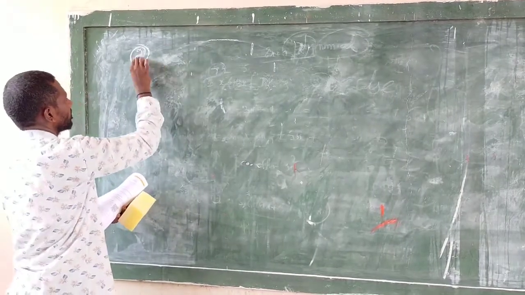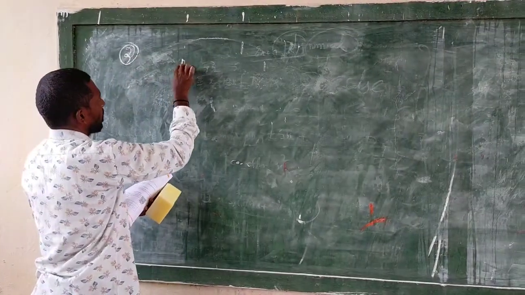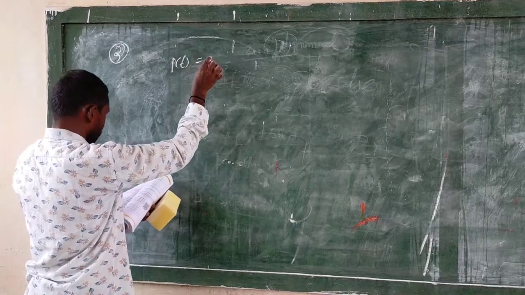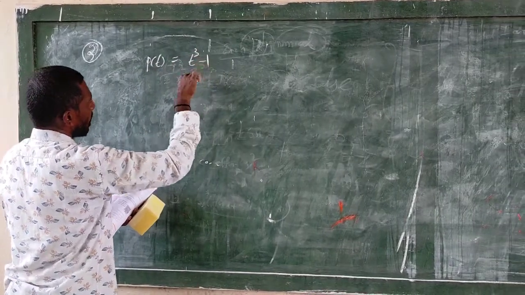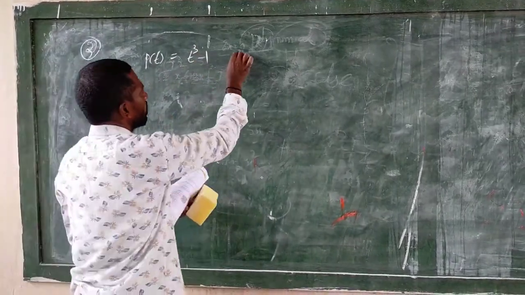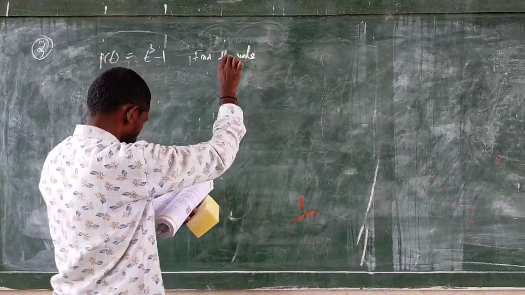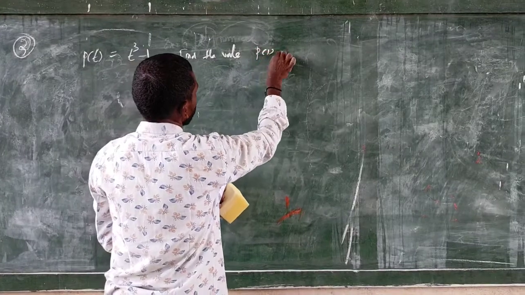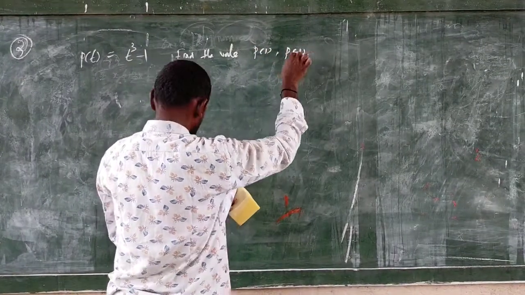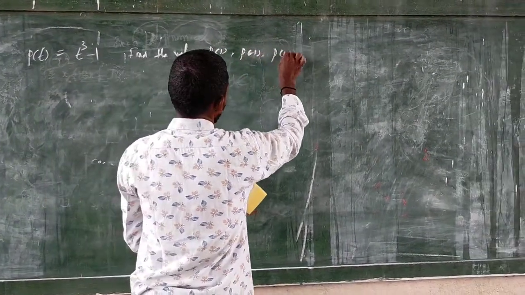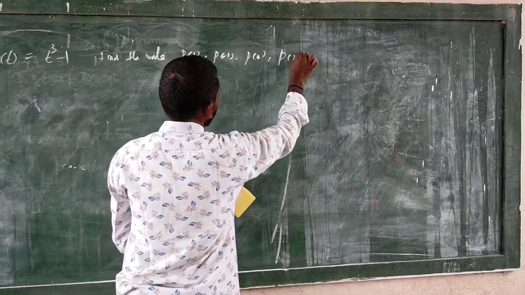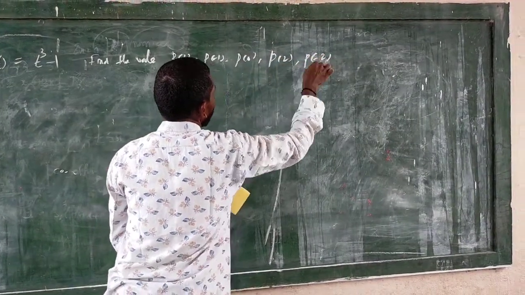Next, third one. P of t is equal to t cube minus 1. Find the values P of 1, P of minus 1, P of 0, P of 2, P of minus 2.